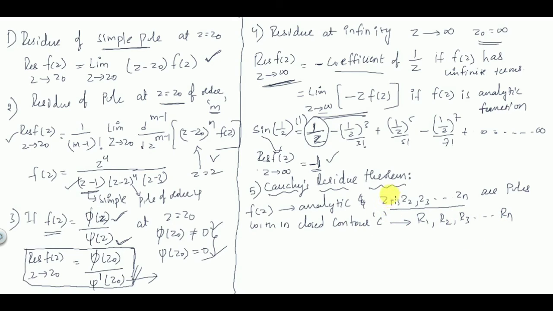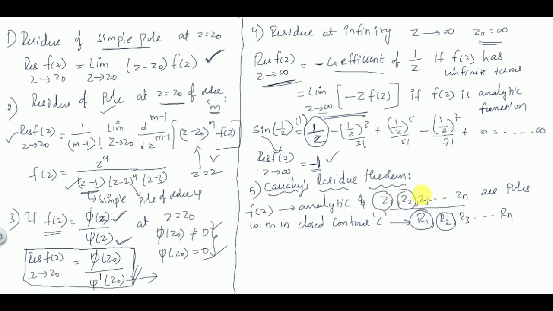Based on the poles, if z1 is a simple pole, then you can calculate the residue using this formula. That residue I am considering as R1, and if z2 is a pole of order 4, then you can find its corresponding residue R2 by using this second formula.